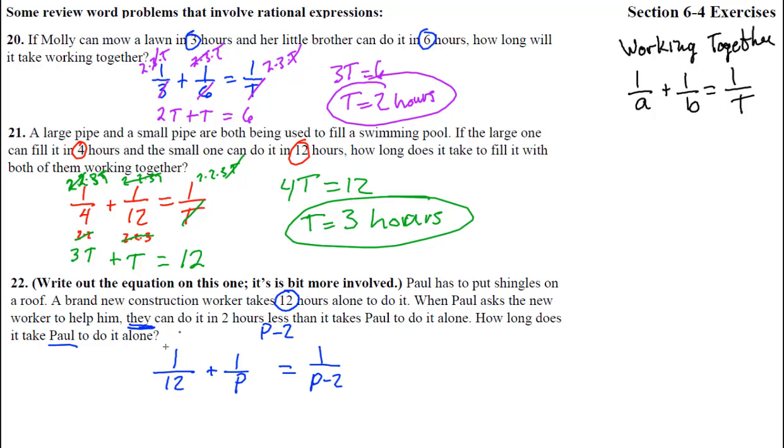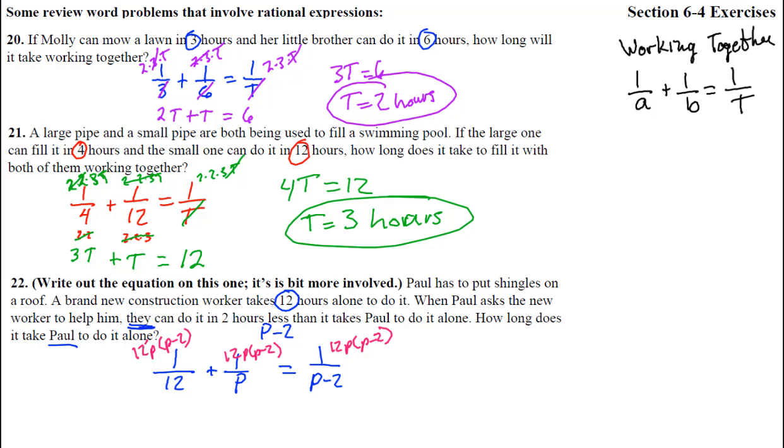This is what it meant by the equation is much more involved. Here, look at what the least common denominator is. We've got to go 12 times P times P minus 2 to get a common denominator. And let me see what that comes out to look like. 12 times P times P minus 2, and again, and again.